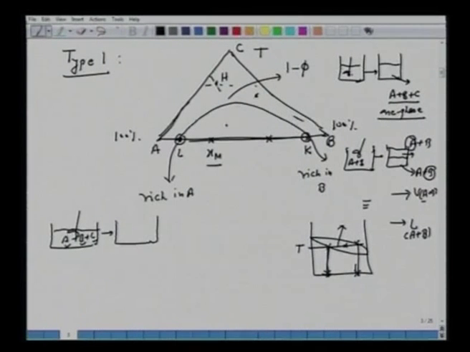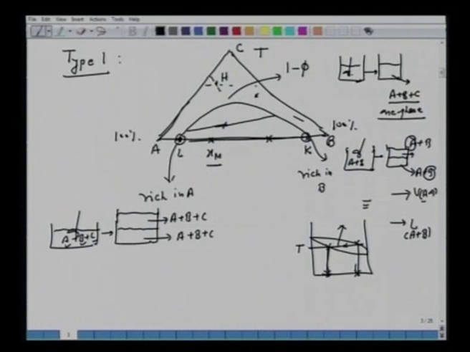Now if you do this experiment, there will be 2 phases, just like here. So here also we have 2 phases, except both the phases will now contain A plus B plus C. Here C was 0, but now you have C here. So that means if there is a phase separation, equilibrium, there is a tie line.